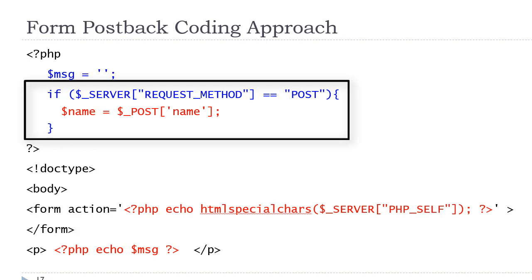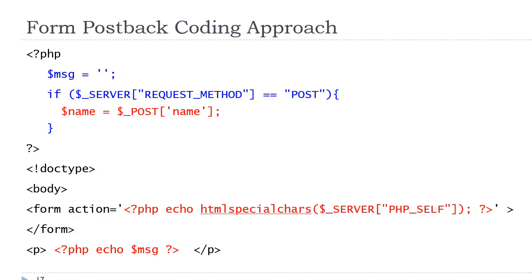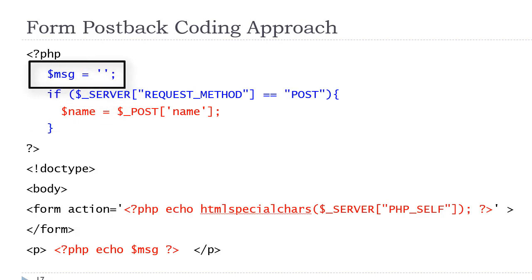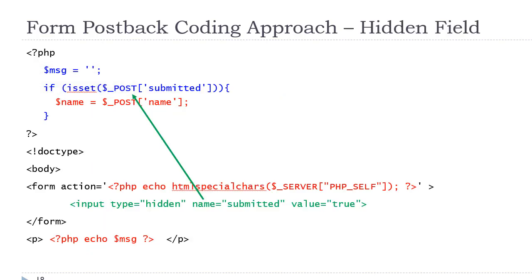So once the form is submitted, this will return true, and then we can start examining the form values and working with the data. However, if we have a placeholder in our body with a PHP echo statement, there's no way of hiding that when the page loads. Therefore, you need to remember to initialize all variables to an empty string so that when the page loads, it does not cause an error message for an undefined variable.